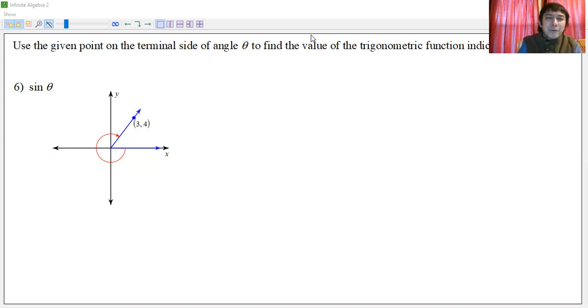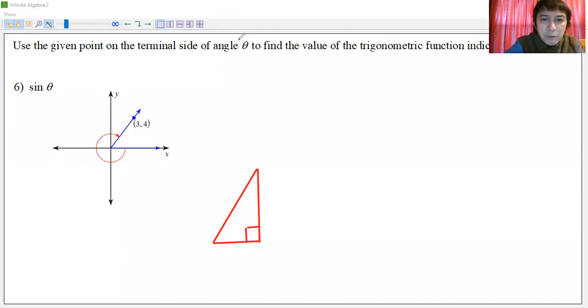So the x value there is 3, and the y value is positive 4. If we redraw it, we can take this as our reference triangle.